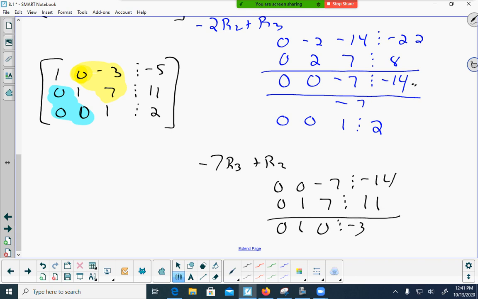So when I do that, I'm going to get 0, 1, 0, -3. Row 3 is already good.